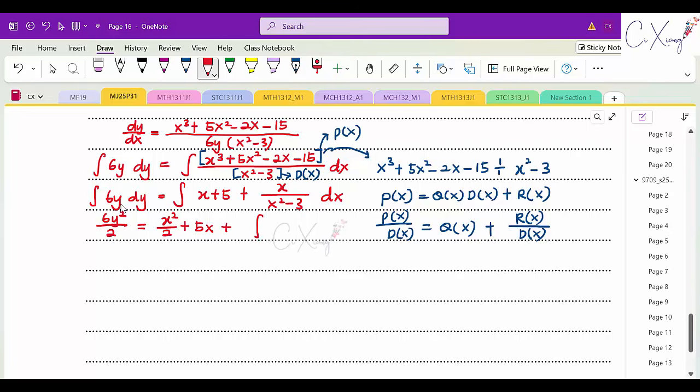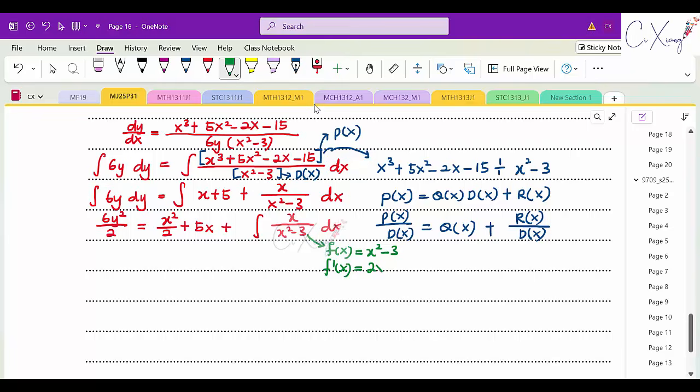Then now, I want to integrate this one. x over x squared minus 3. When we are having a fraction, you try to have a look for the relationship between the x squared and also the x. You need to know basically that my x squared minus 3, I can let it become f(x). If let's say my f(x) is x squared minus 3, what will happen if I have f prime x?